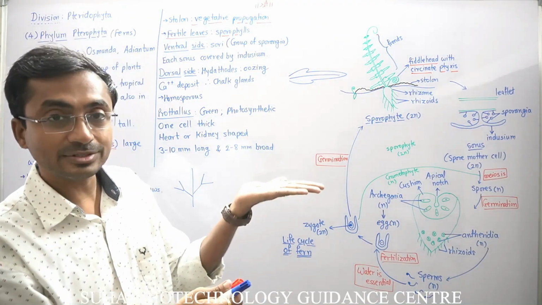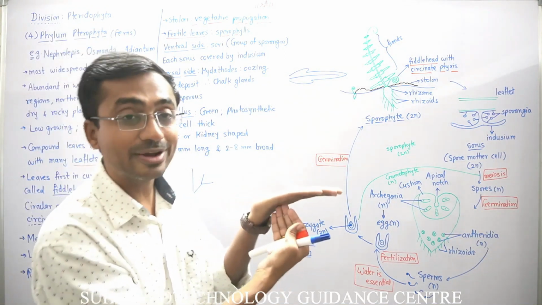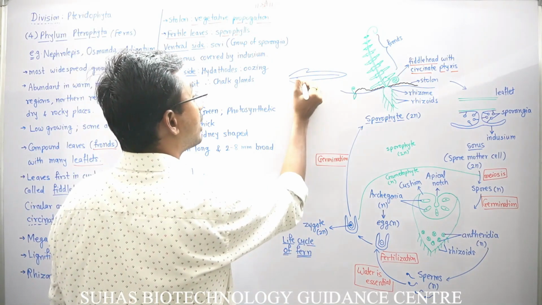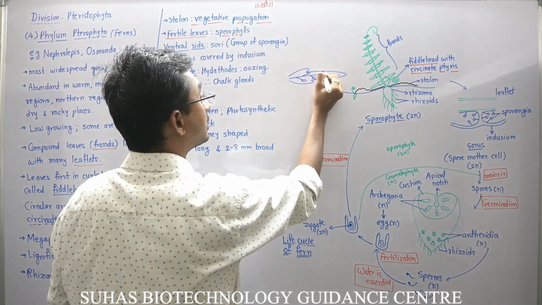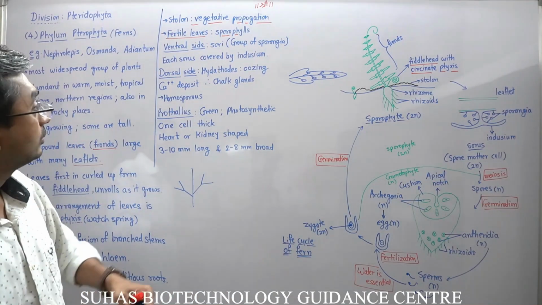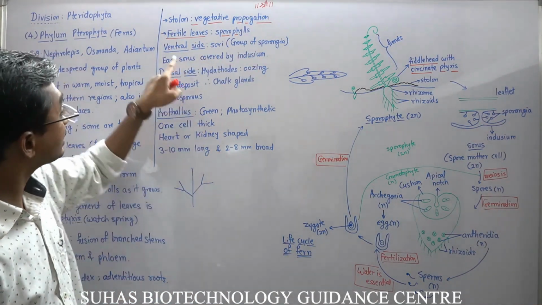If this is the leaflet, then this is the dorsal side and this is the ventral side, and on the ventral side what we have is many sori at the vein ends. Sori is nothing but a group of sporangia.